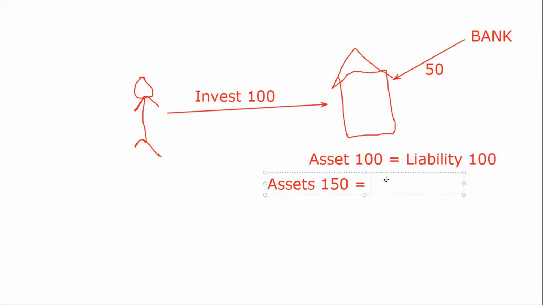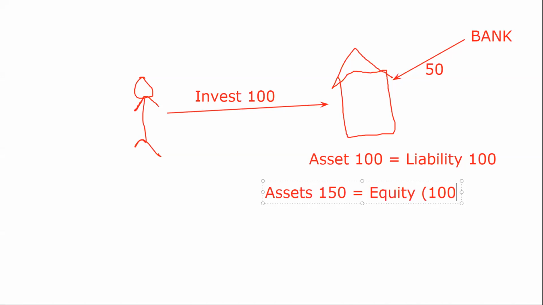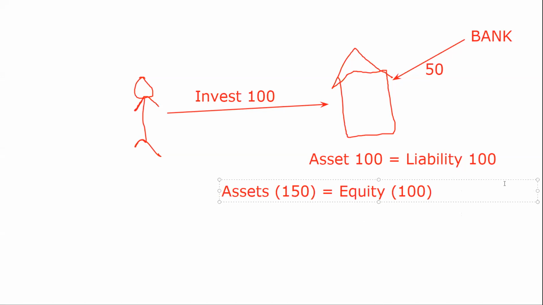So liability can be divided into two. One is the amount payable to owners, which is called equity. Equity is 100,000. And the outsiders' liability is called liability, 50,000.